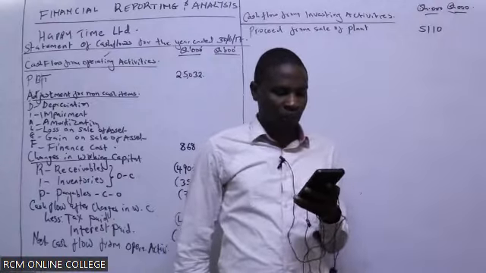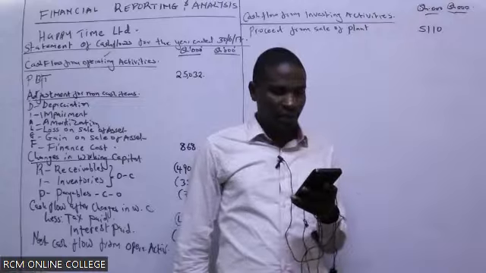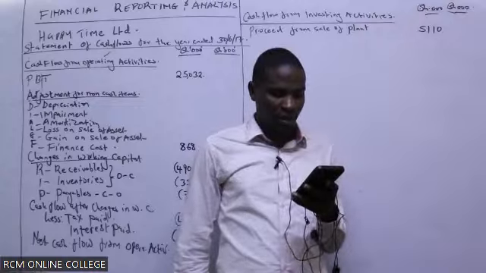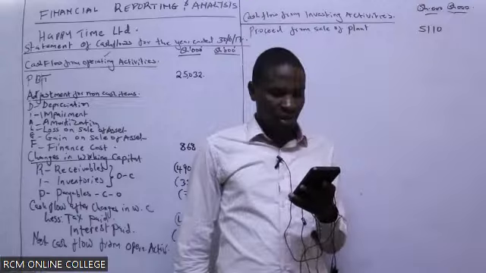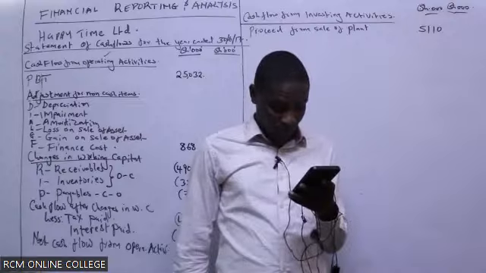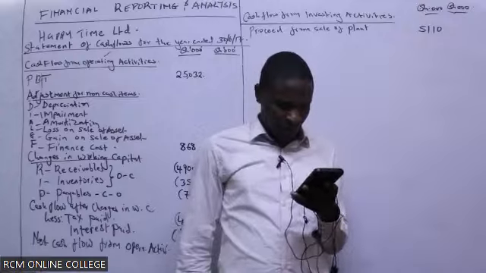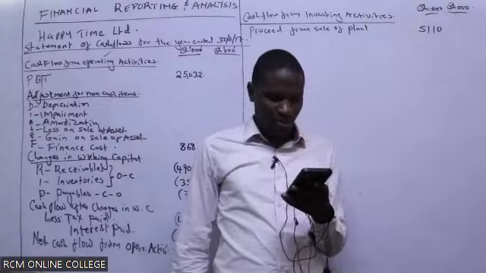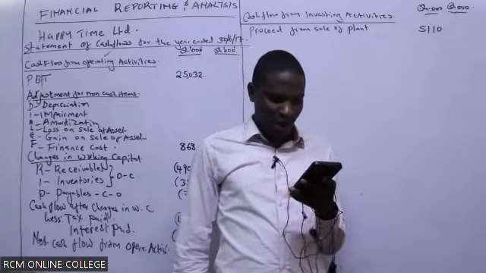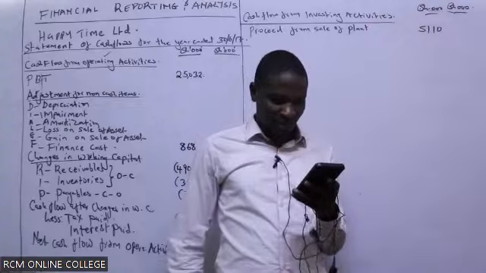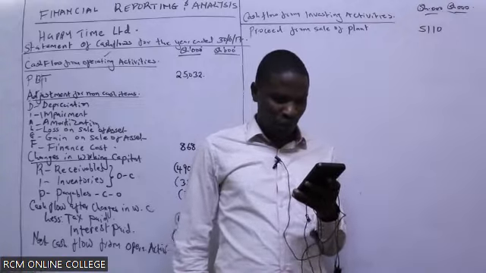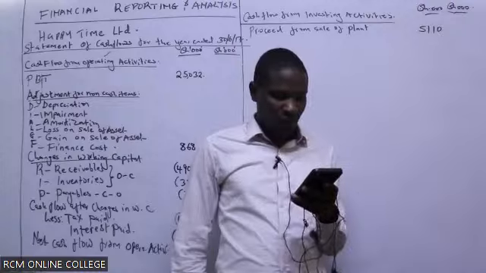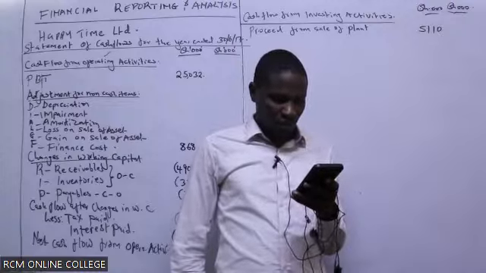So we have PPE in the balance sheet, whereby the starting balance was 101,500, and at the end we had 127,120. Then down there, tumepewa ya property, tumepewa ya plant. So I think they want us to separate them, which we can do if that is what they want us to do.